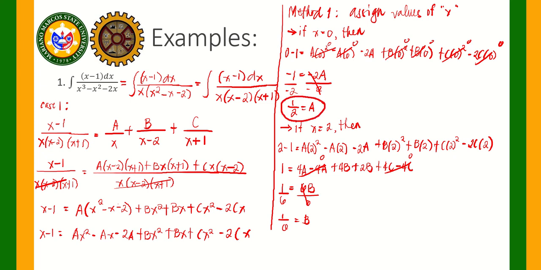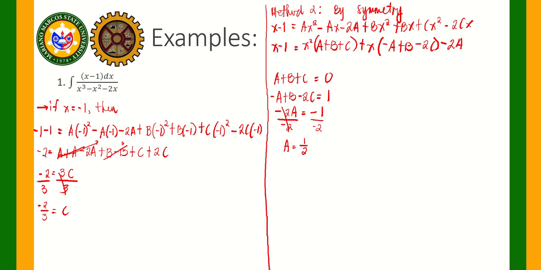Okay? So, we proceed in solving for b. So, anong gagawin natin? We apply yung elimination method. So, using the elimination method, we have a plus b plus c.